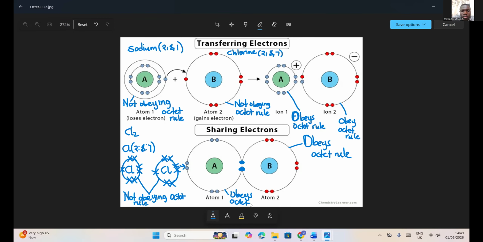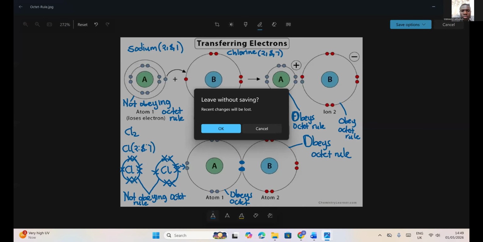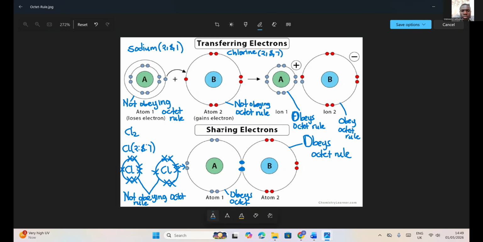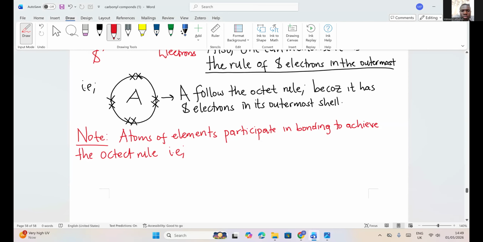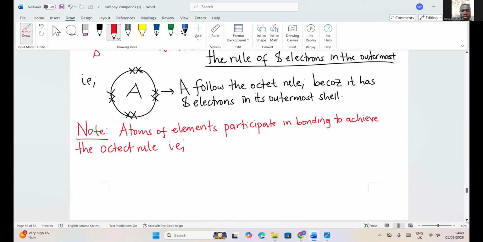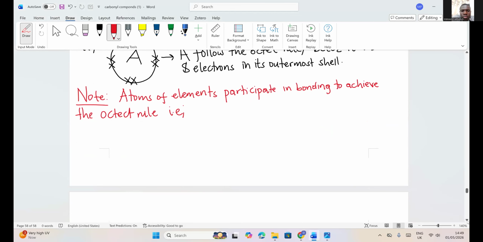It is understood, so I can stop sharing this. Atoms of elements participate in bonding to achieve the octet rule. Hopefully you've noted down those illustrations.